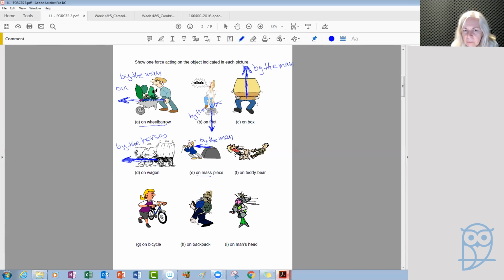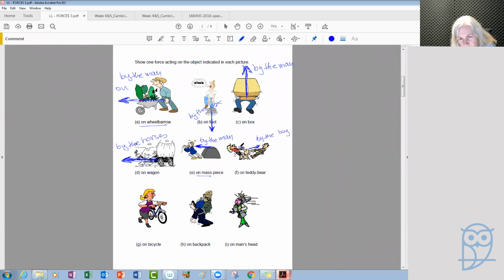Here we have two children pulling a teddy bear. Well, this teddy bear, we can draw two forces actually. One force is in this direction, exerted by this boy. This force is exerted by the boy on the right, by the boy on the teddy bear.